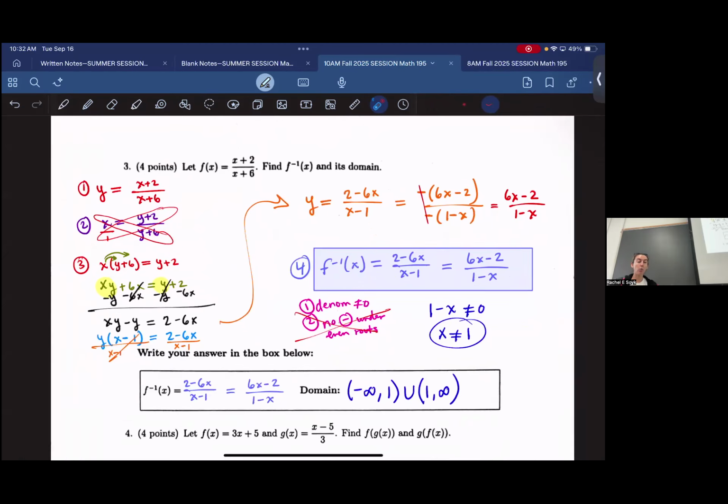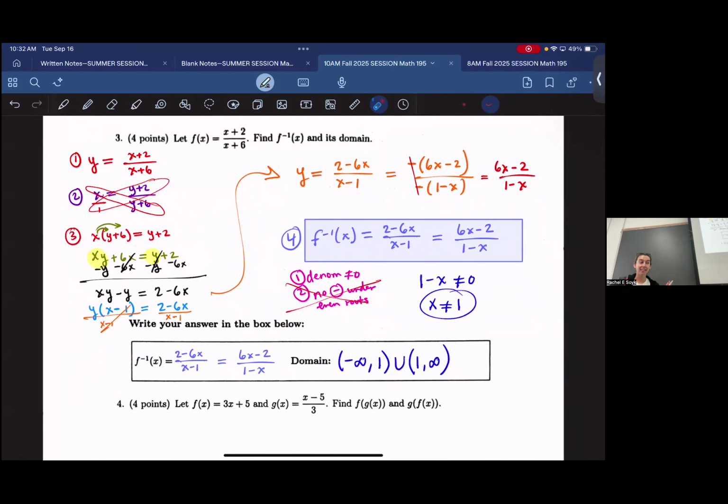If they asked you what is the range, then yeah, you want to look at the original, because what's that famous trick with finding domain and ranges of functions and their inverses? X and Y values flip, so the range would just be the X values. Yeah, exactly. The range of the inverse is just the domain of the original.